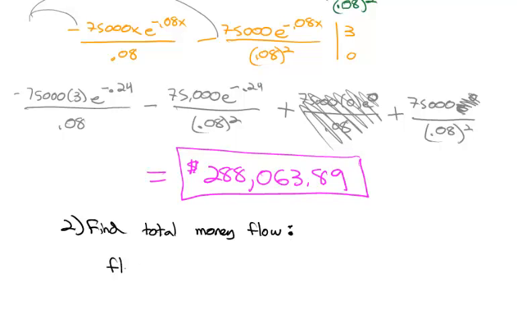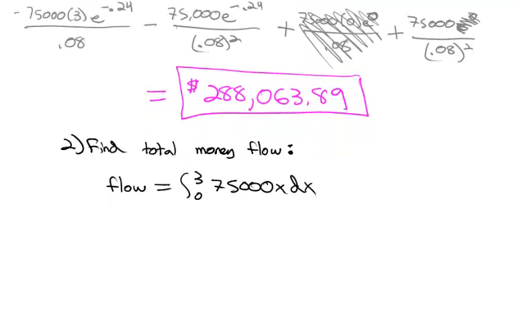And remember, the flow is the integral from 0 to 3 of the function, which was 75,000x dx. This integral is much simpler to solve. We take x squared, divide by 2, and that becomes 37,500. We're going to integrate that from 0 to 3.